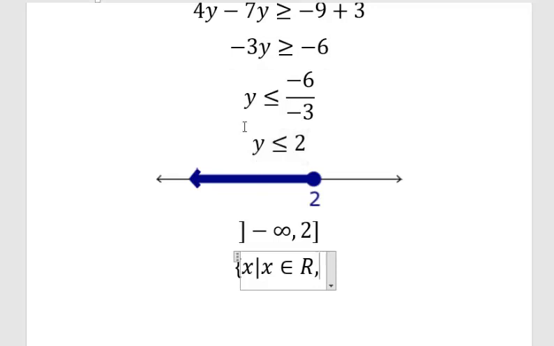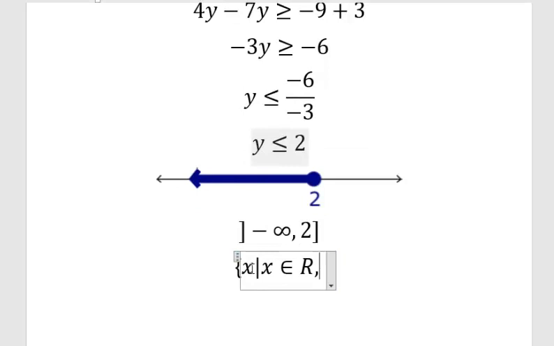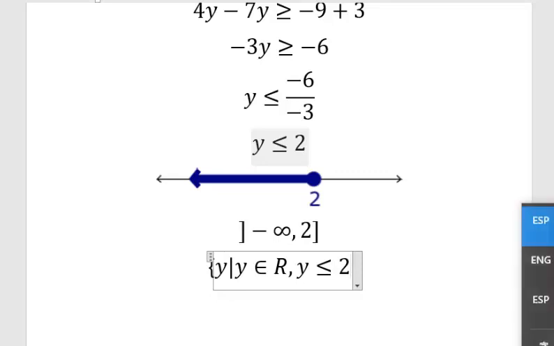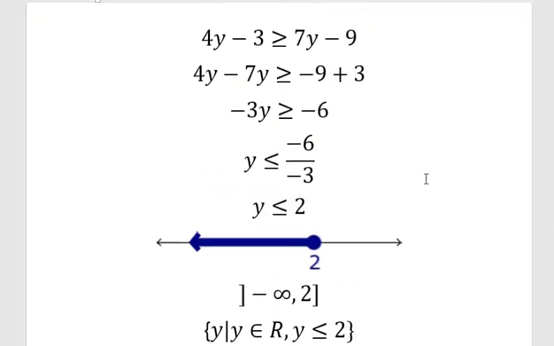If you notice, the variable of the exercise is letter y, right? So I'm not going to use x, I'm going to use letter y. So it's y such that y belongs to R, and y is less than or equal to number 2. Once you do that, you close the curly brackets, and that will be it. That will be the process for this.